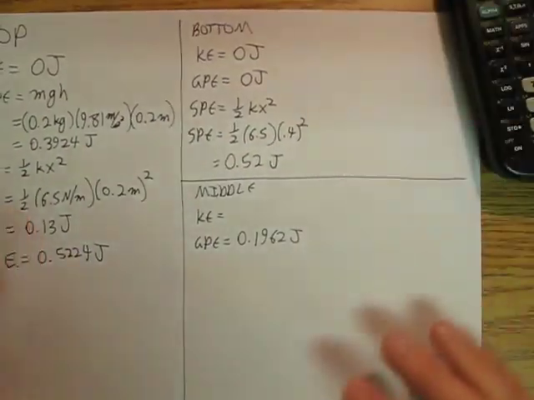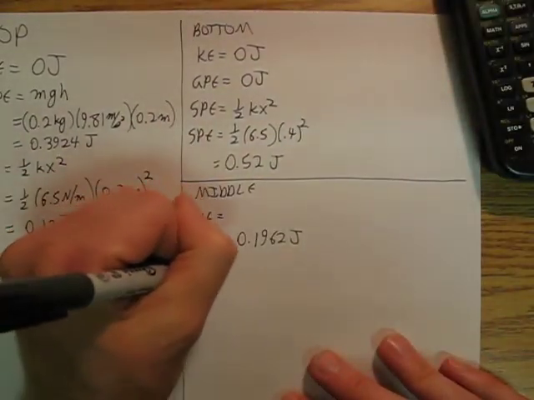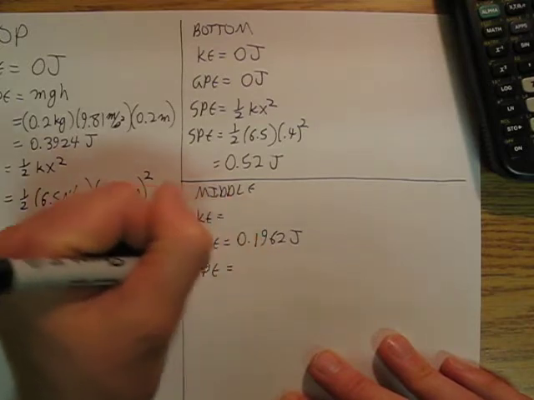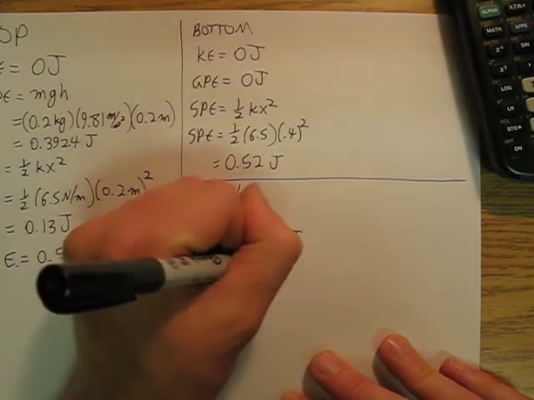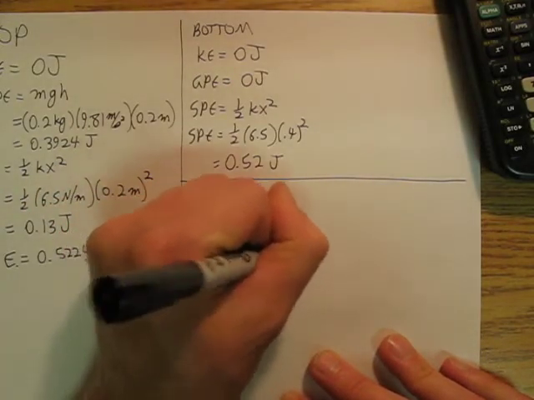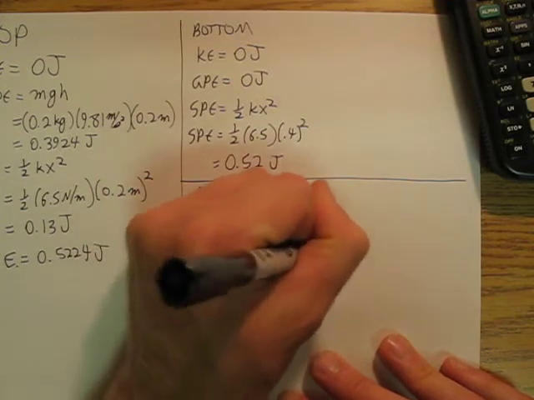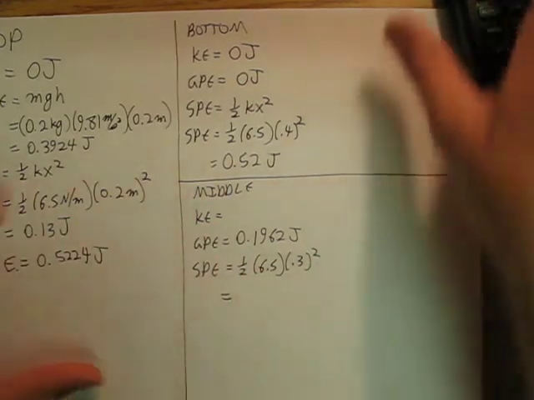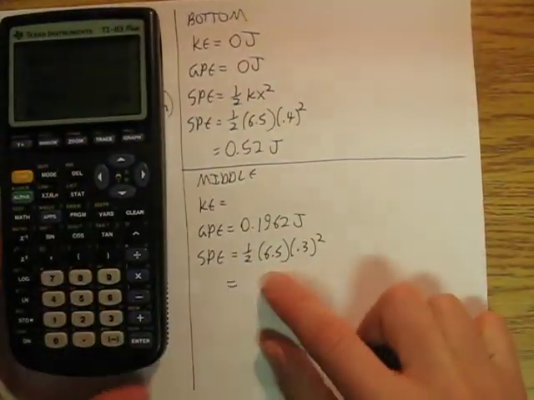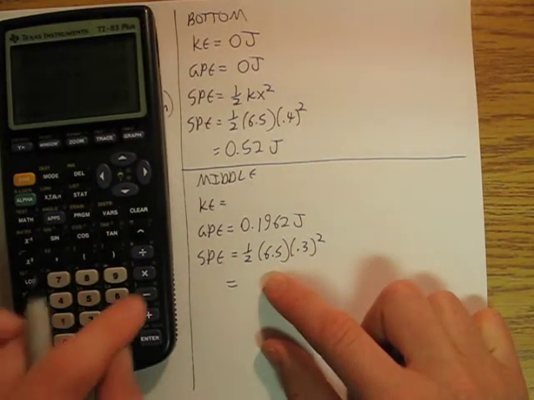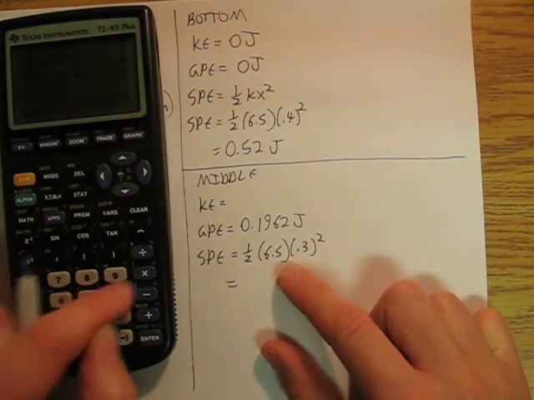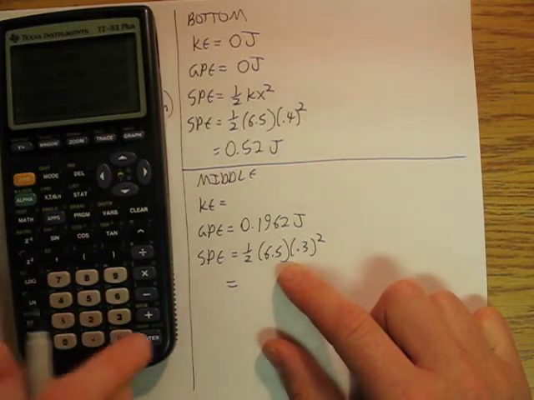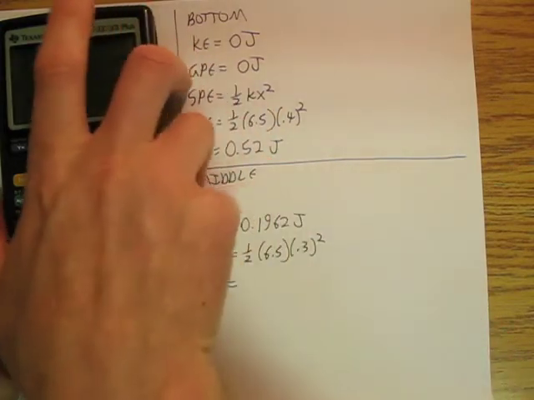And my spring potential energy is going to be 1/2 of 6.5 times 0.3 squared, because 0.3 was the equilibrium position. So 0.5 times 6.5 times 0.3 squared is 0.2925 joules.